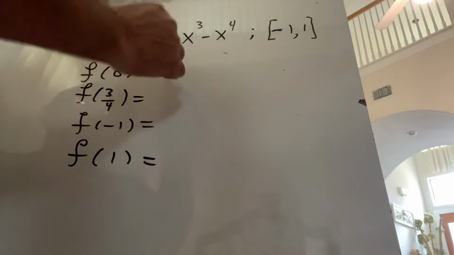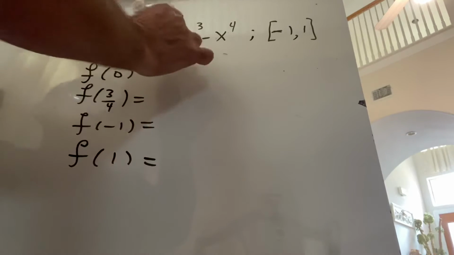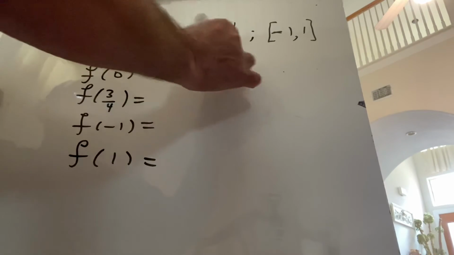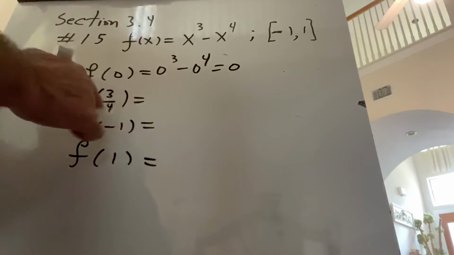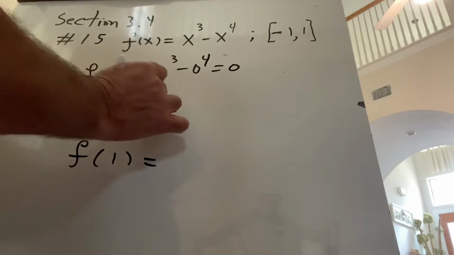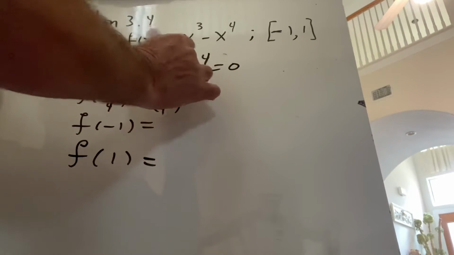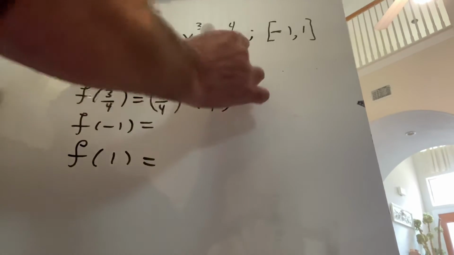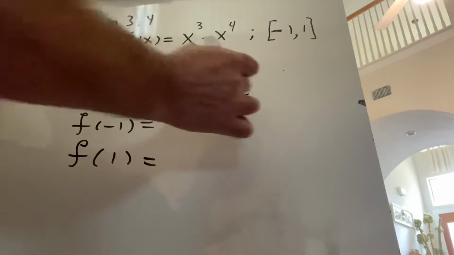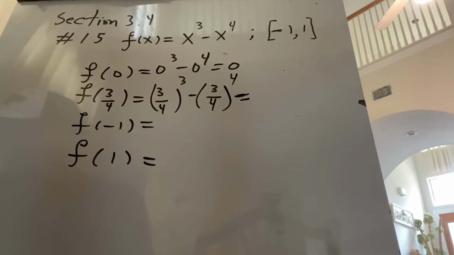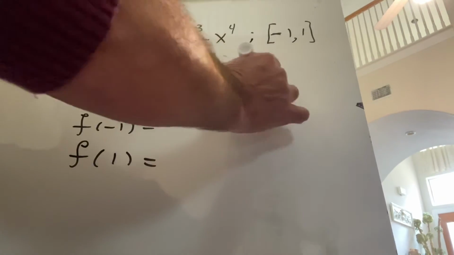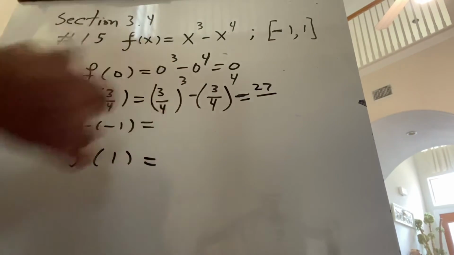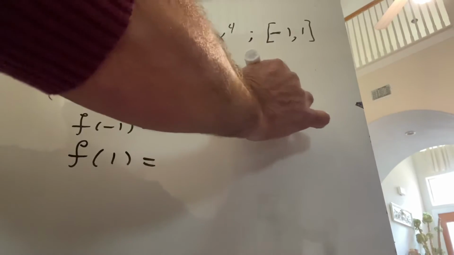As you plug in these values, f of 0 becomes 0 cubed minus 0 to the 4th, which is just 0. F of 3/4 will be 3/4 cubed minus 3/4 to the 4th power. By the way, most of the time they do want the answer in fraction form, so you have to do a little arithmetic with fractions. This becomes 27, as you cube 3, over 4 cubed, which is 64.